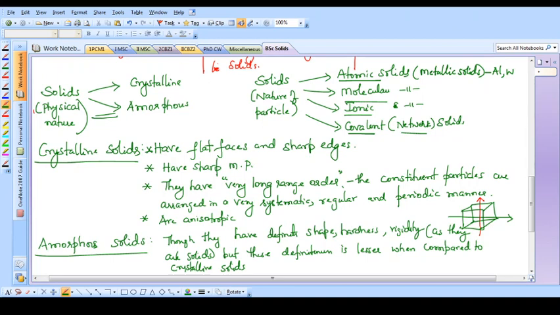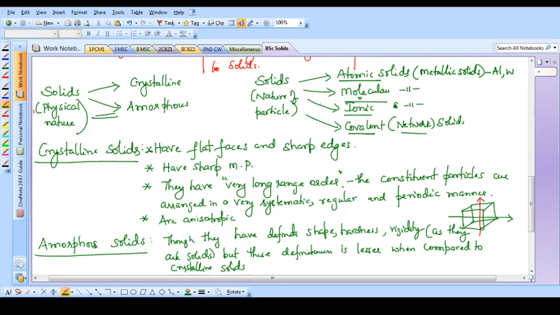The second classification is molecular solids. If a solid is made up of molecules, then such type of solids are called molecular solids. For example, if you have prepared benzoic acid in your laboratory, or if you have prepared aspirin or salicylic acid, some organic compound, and you recrystallize them, once you crystallize or recrystallize those materials, you will get crystals of those compounds.